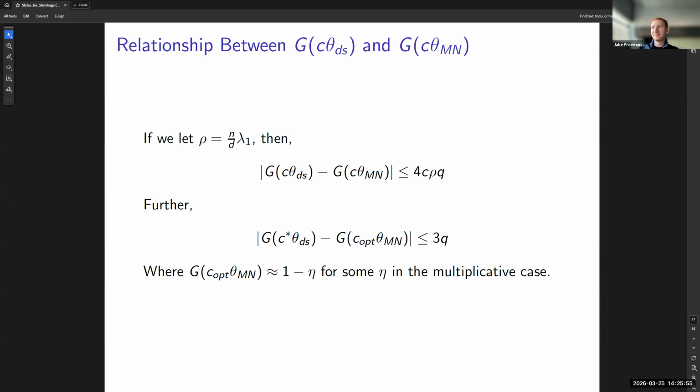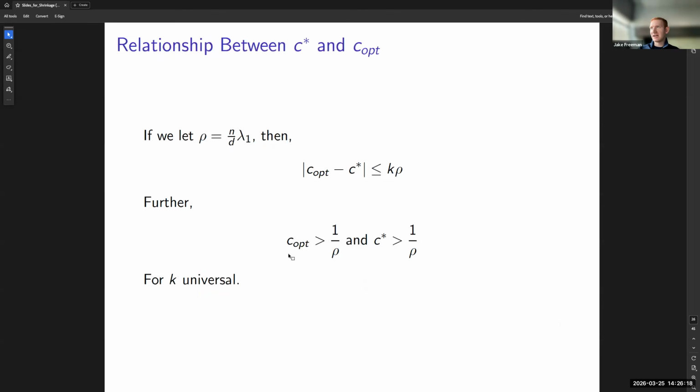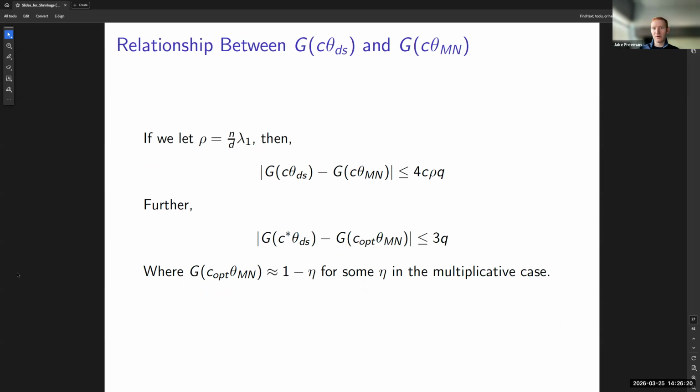We can think of it as being order 1 minus something, or in this case, eta would be our alpha in the multiplicative case. And we're talking about something that we're taking to be sufficiently small. If you recall, we take q to be sufficiently small in the multiplicative inflation property scenario. And so ultimately it doesn't actually change anything too much. It's a lower order effect that we end up with.